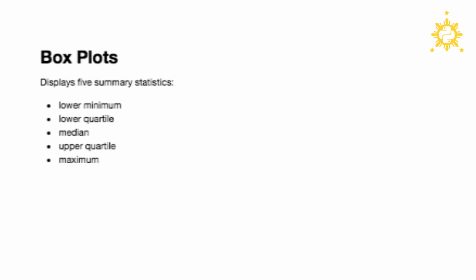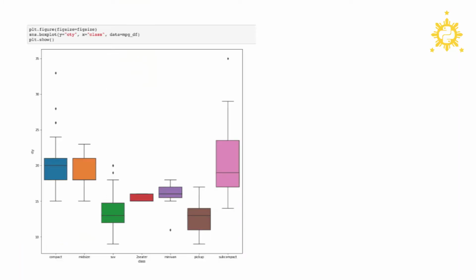Box plots are probably my favorite plot because they display five summary statistics in one chart. You see the minimum, lower quartile, the median, basically the IQR range, the maximum, and you can take a look at any outliers as well if you choose to. This is a Seaborn box plot.